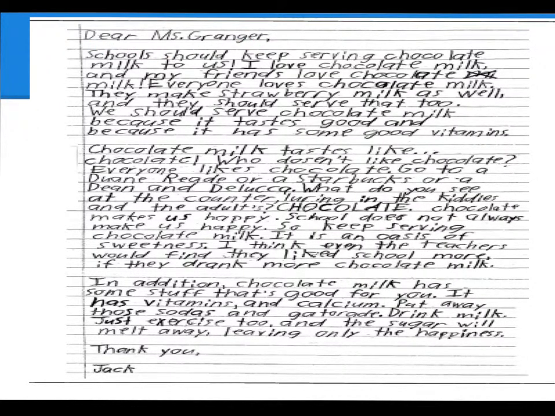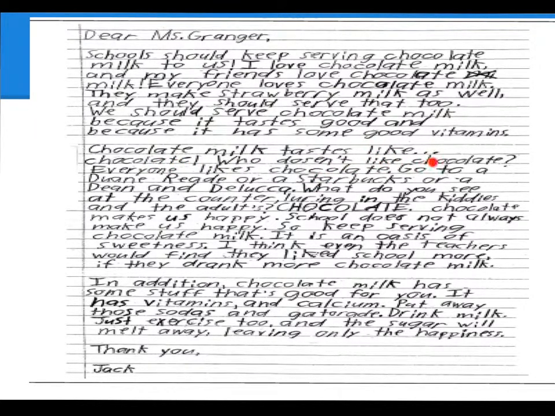Dear Miss Granger, schools should keep serving chocolate milk to us. I love chocolate milk, and my friends love chocolate milk. Everyone loves chocolate milk. They make strawberry milk as well, and they should serve that too. We should serve chocolate milk because it tastes good and because it has some good vitamins. Chocolate milk tastes like, well, chocolate.